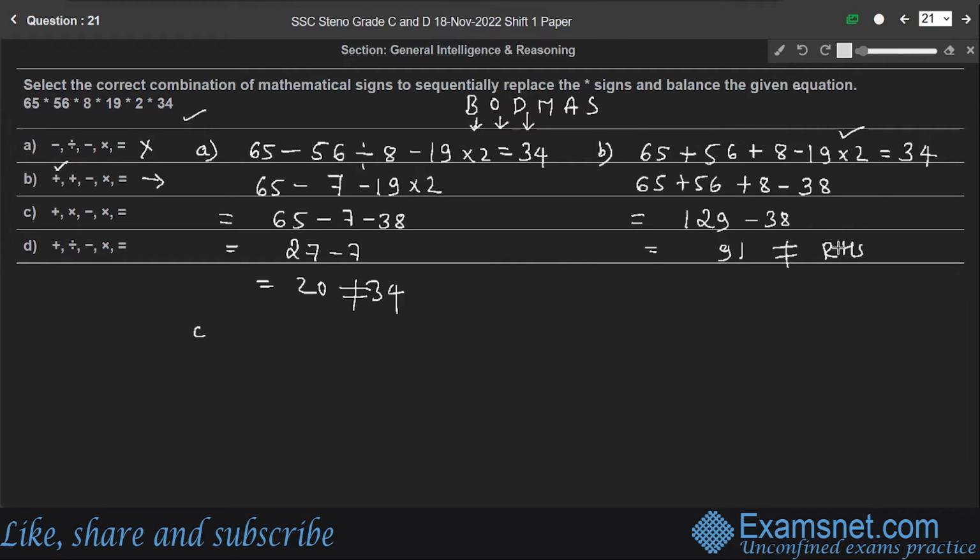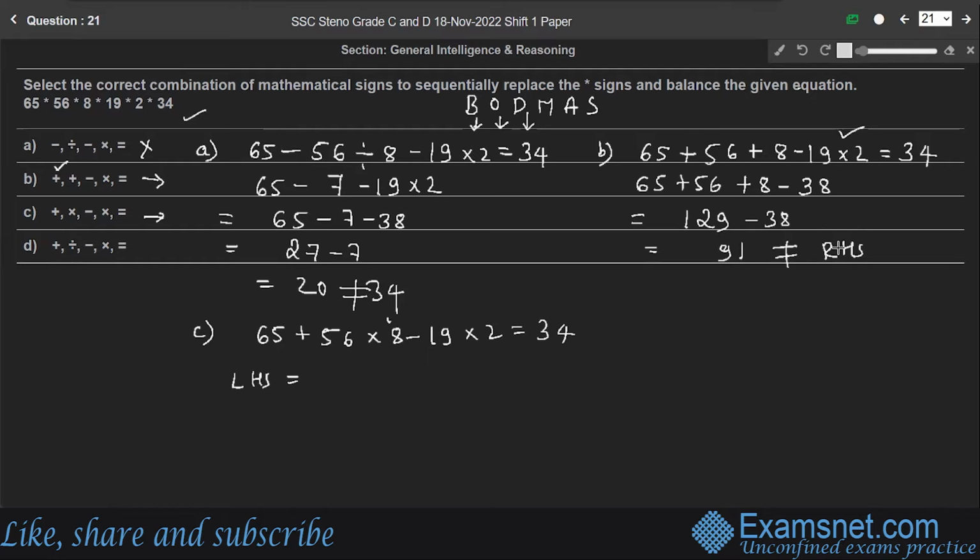So we'll go for option C. Replace the asterisk signs with option C. The order is plus and into: 65 plus 56 into 8 minus 19 into 2 should be equal to 34. Consider the left hand side. Again by the BODMAS rule, there is no division part.